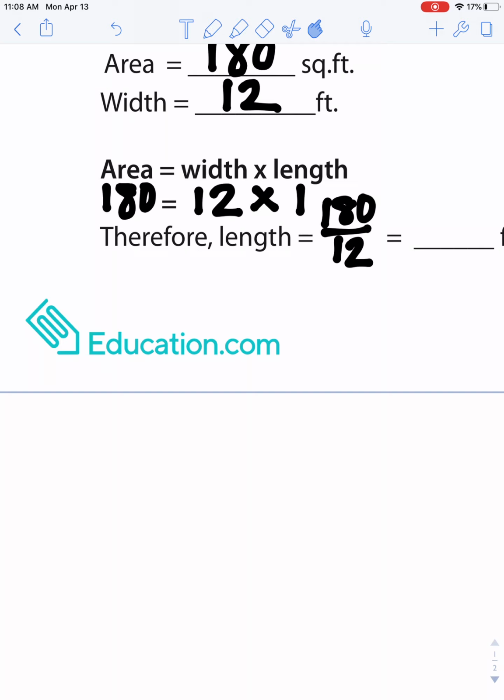That is not a reflex fact that I would expect you to know. So in this problem, I would encourage you to check your work using a calculator to make sure that you're getting the right answer. So 180 divided by 12, if you type that into a calculator, you should get 15.